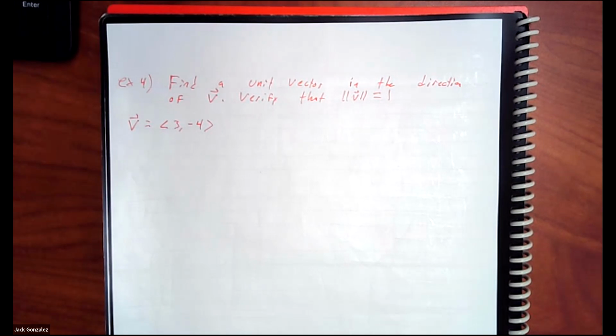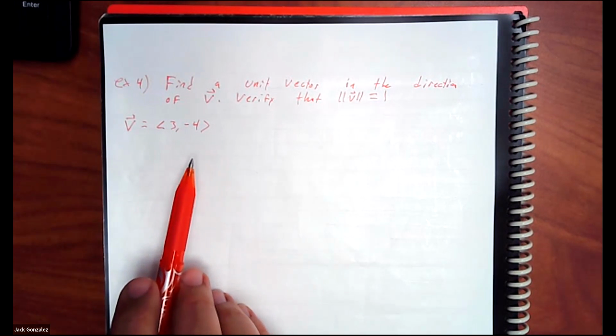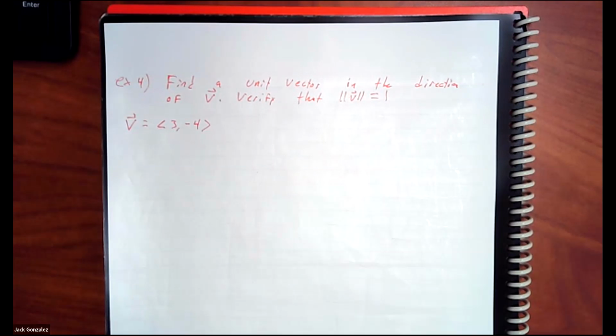So a unit vector, basically it's a representation of the original vector, but its length is 1. So you basically shrink it down on purpose. We do that a lot in application just so it's easier to do calculations. So if we know where it's going, shrink it down and then create a unit vector.